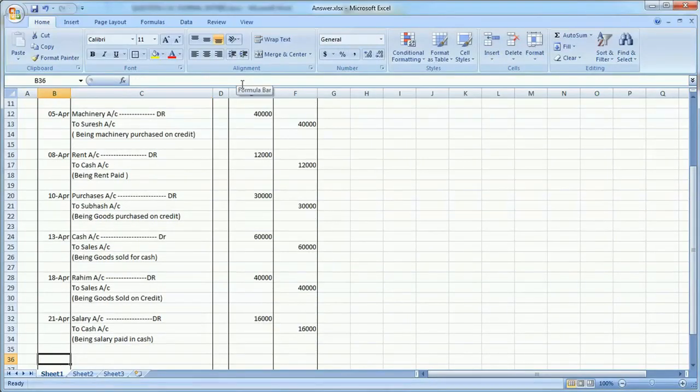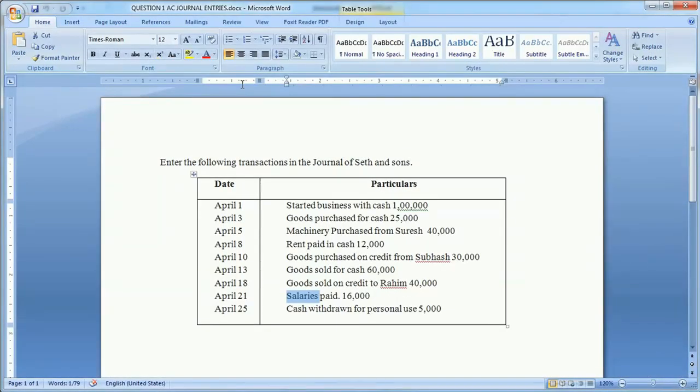Now let's move on to our final adjustment, cash withdrawn for personal use. Okay, so we have withdrawn some cash for our personal use. Such withdrawal is called drawings. Okay, drawings happen from our capital account, that is we are reducing our capital, we are taking out cash from our business.